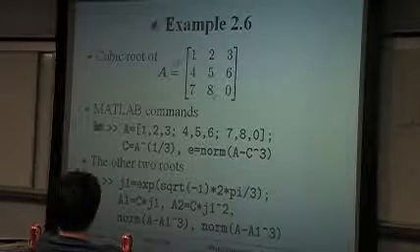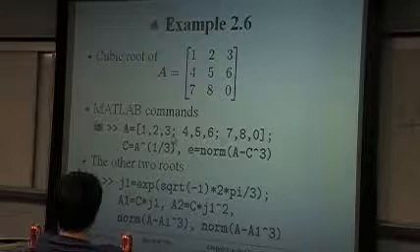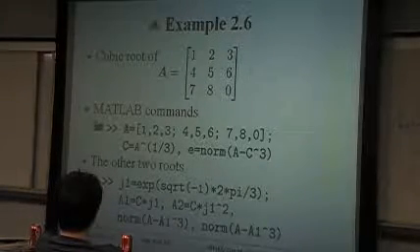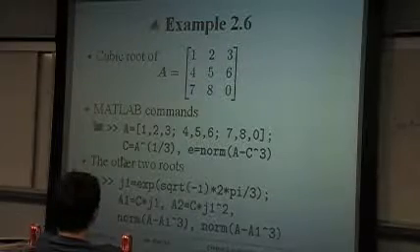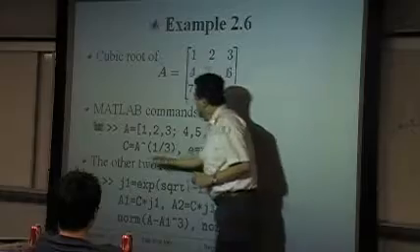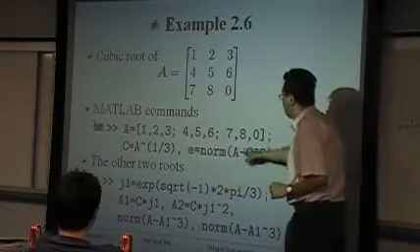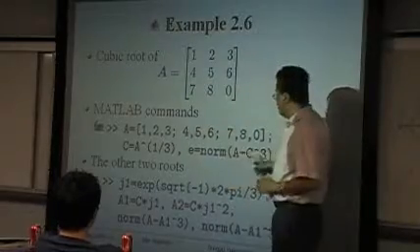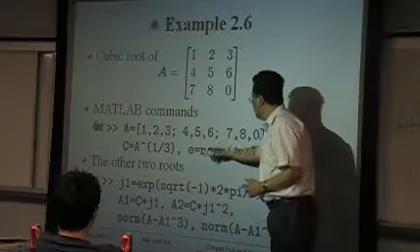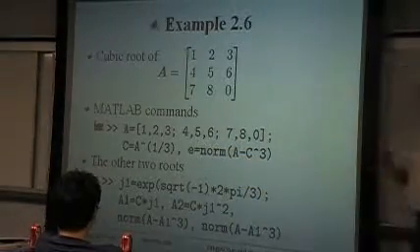Suppose this is the original matrix. So what we need to do is to iterate it directly and then use this command to get the cubic root of it. And here we can take the third power of C and compare it with the original matrix and see whether they are the same and take the error between them. They should be the same, but with numerical computation there should be errors.